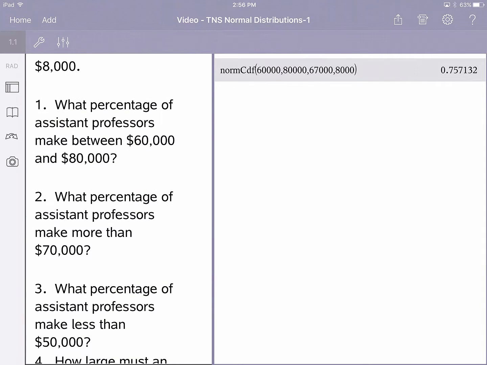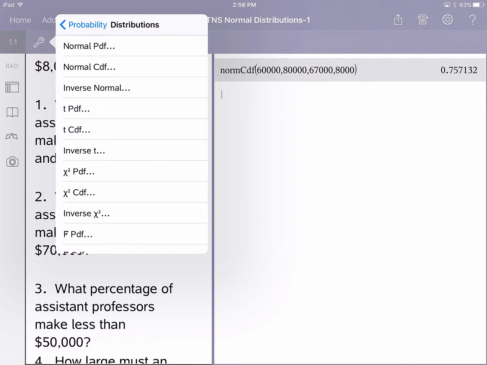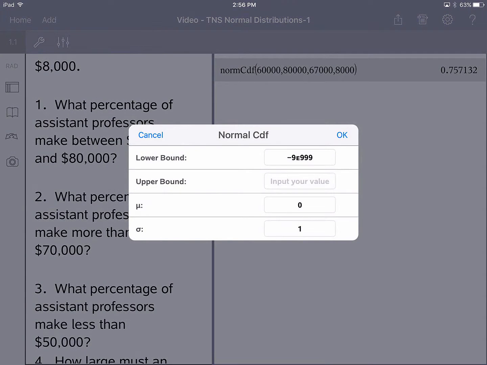All right, the second question that's asked is: what percentage of assistant professors make more than 70,000? Now, to answer this question, since it's a percentage that I'm looking for once again, I'm still going to use normal CDF. However, I want to know those that make more than 70,000.